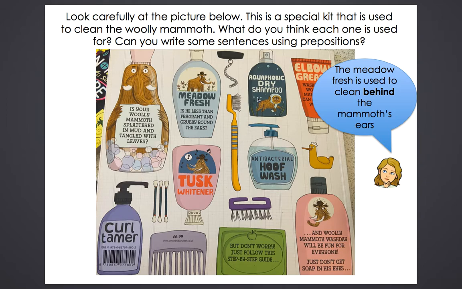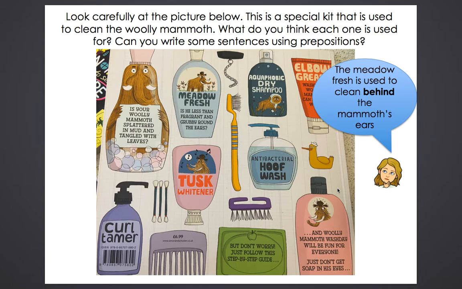What might the shampoo be used for? What might the antibacterial hoof wash be used for? What about the tusk whitener? Okay, maybe pause the video and have a think. Then you might like to have a go at writing some sentences about each of the things using prepositions.